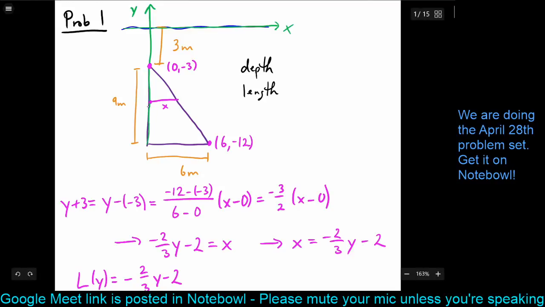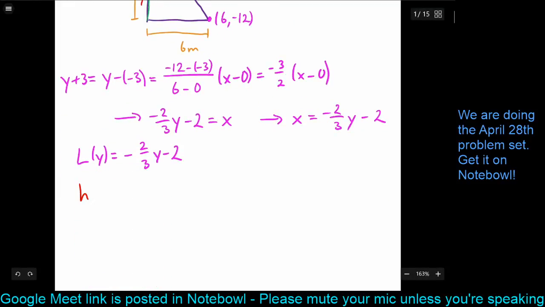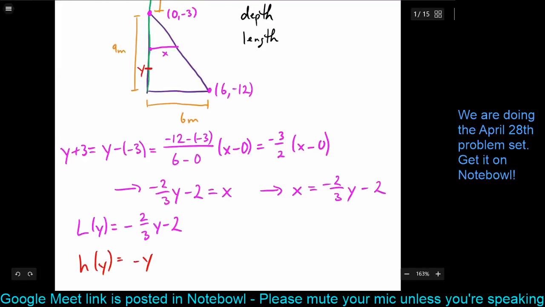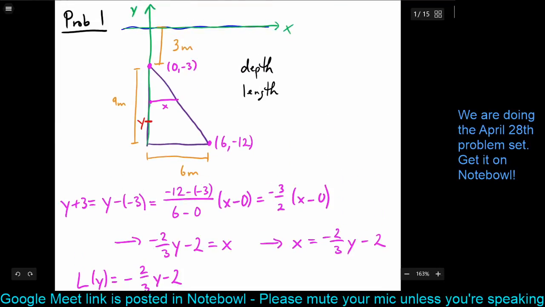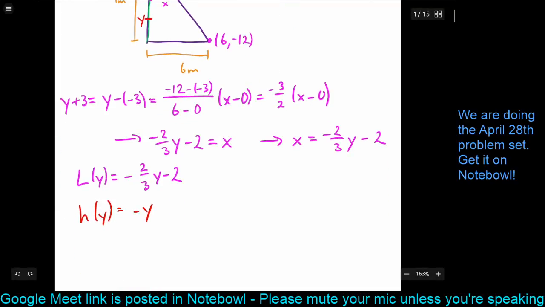If we pick any depth here, y, the depth that this is going to be under is simply minus y. So h of y, the depth, is just minus y with the coordinates we have set up. If we put the x-axis at the top of the water, the depth function is always going to be minus y, which is quite nice. So here this is length, and this is depth.